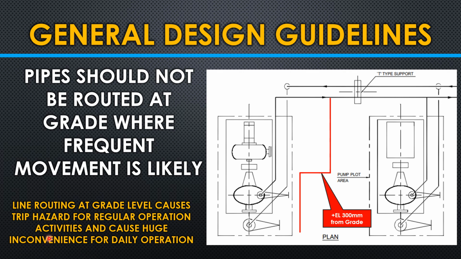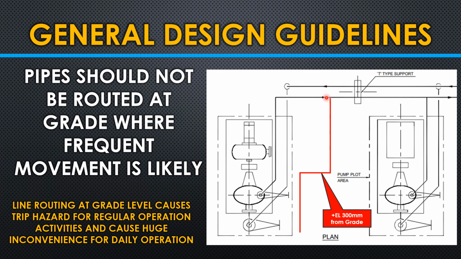So that is what I have written over here. Line routing at grade level causes trip hazard for regular operation activity and causes huge inconvenience for daily operation. So that is what I have shown over here.